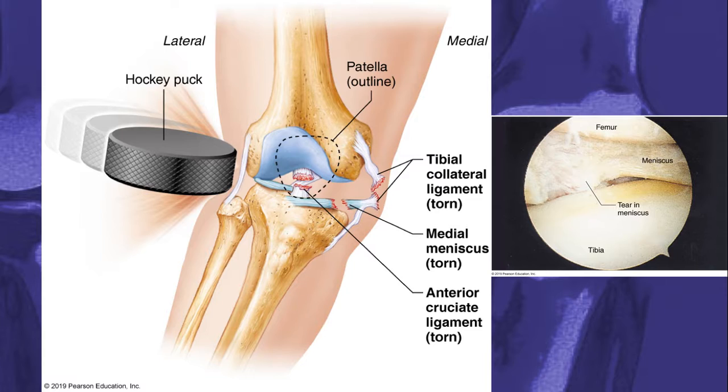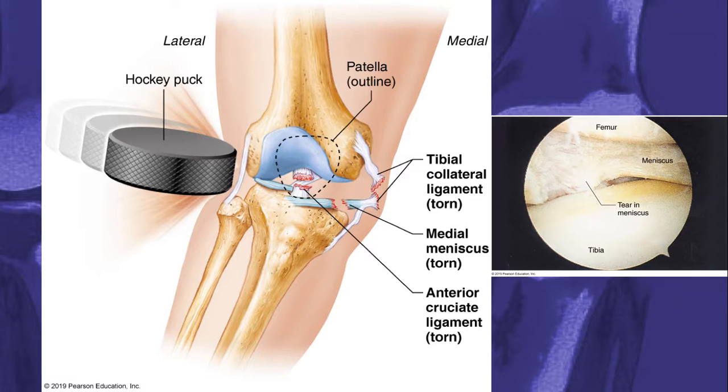Now, notice that our ligament over here on this side, our lateral ligament, mostly stays where it is. I mean, there's going to be a lot of bruising, and there's going to be issues over here. But where do we see the most problems? Over here on the other side, right? Because when this joint is pushed this direction, these guys are going to go plop.